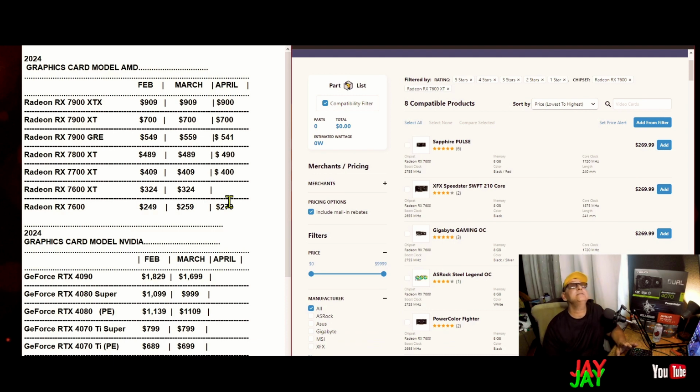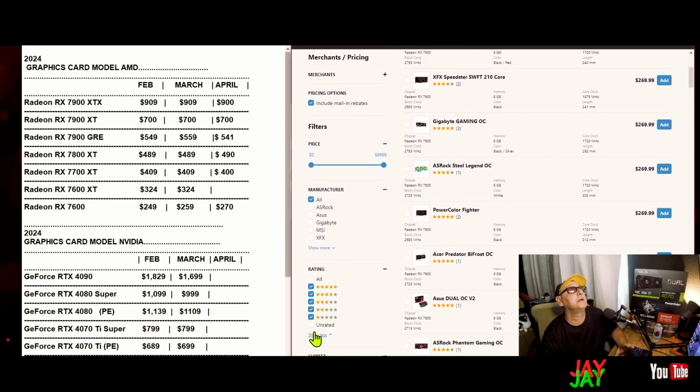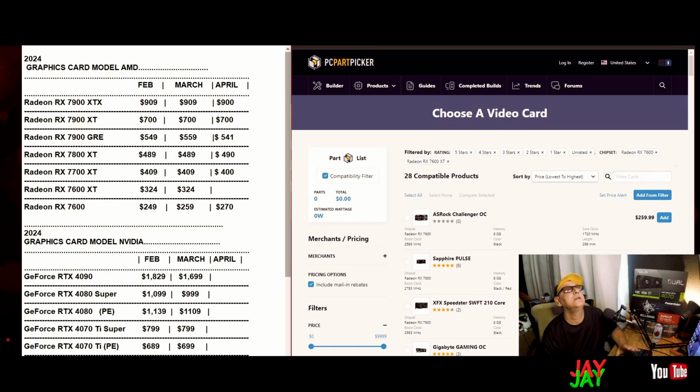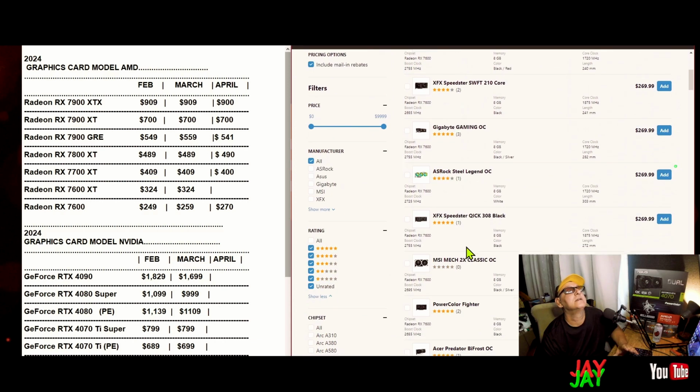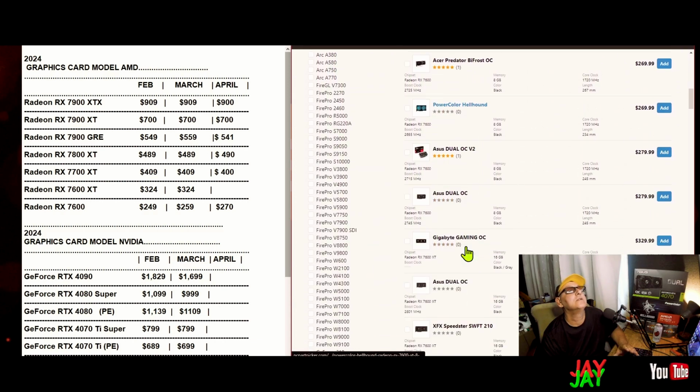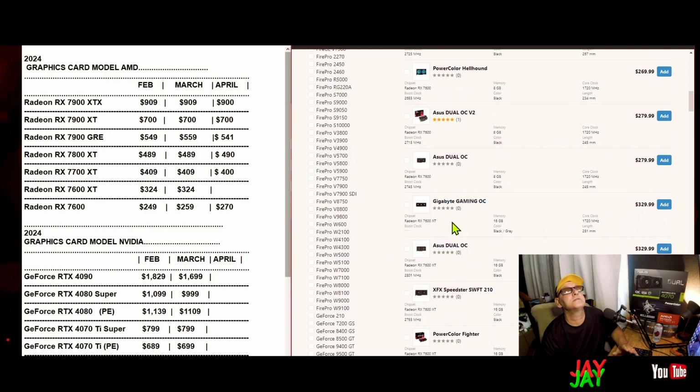That means, y'all know what that means. If I put it unrated, you'll see there is nothing for it. That means out of stock. But I'll put the price here, $330.